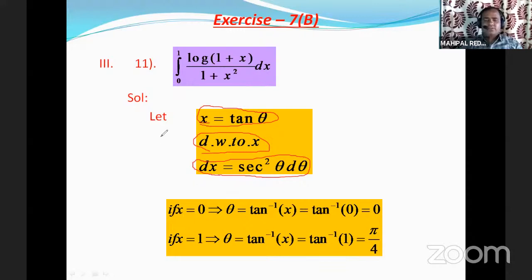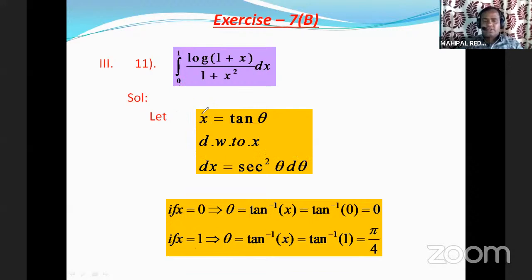The limits also have to change: lower limit x equals 0 implies theta equals tan inverse of 0, which is 0. Upper limit x equals 1 gives theta equals tan inverse of 1, which is pi by 4, because tan 45 degrees is 1.